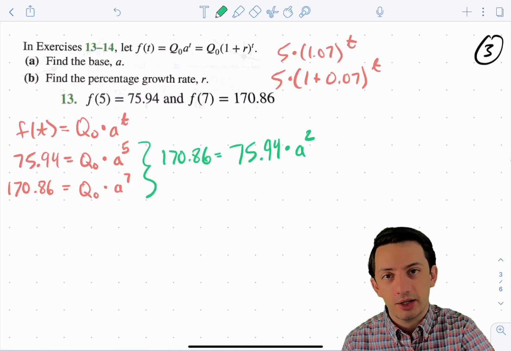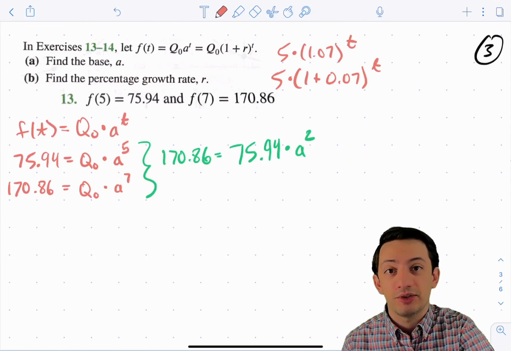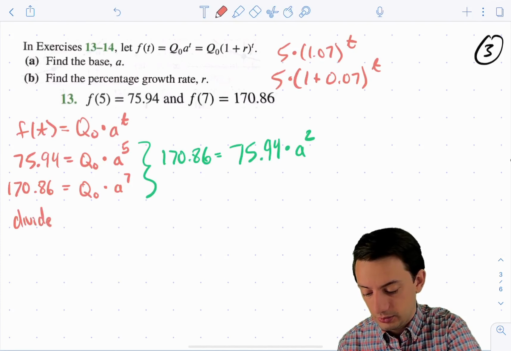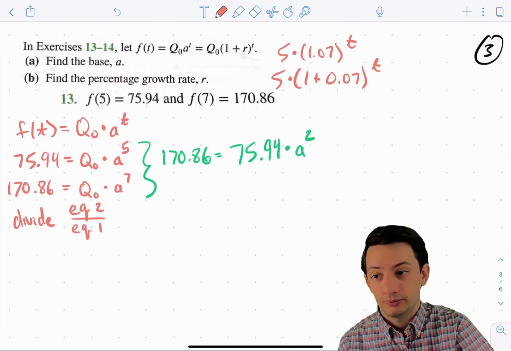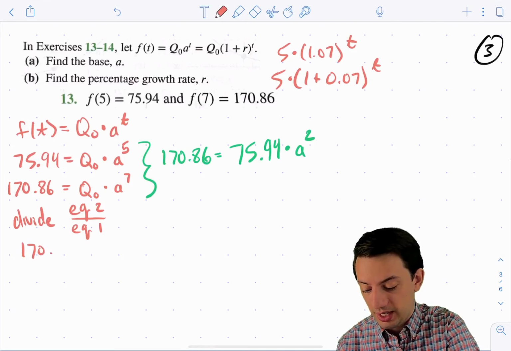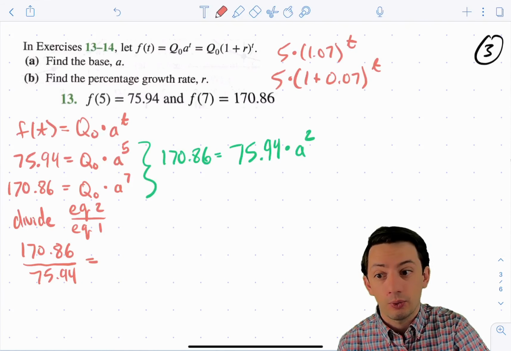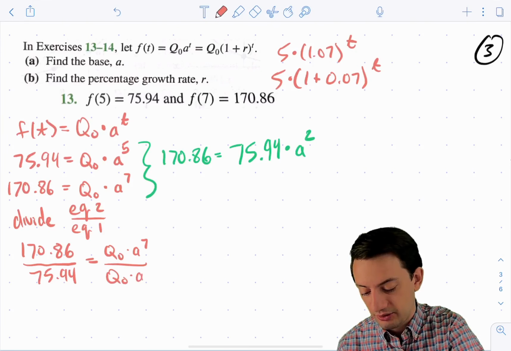Here's how you would come to that conclusion symbolically. If you take these 2 equations and you divide one by the other. So let's divide both sides of equation 2 by both sides of equation 1. So that tells us 170.86 over 75.94 equals q0 times a to the 7th over q0 times a to the 5th.